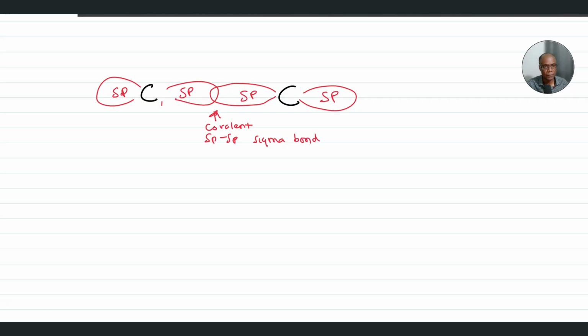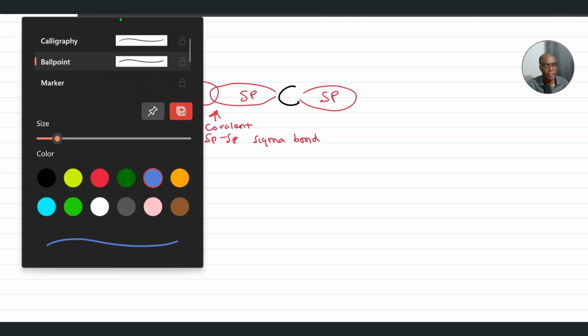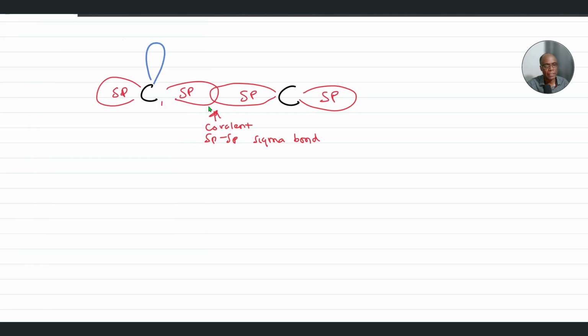All right, and then each of these has the 2 unhybridized p orbitals, 90 degrees to the carbon, which of course I call this 2pz, and then this 2py. So this is the other side of 2pz, this is the other side of the 2py.